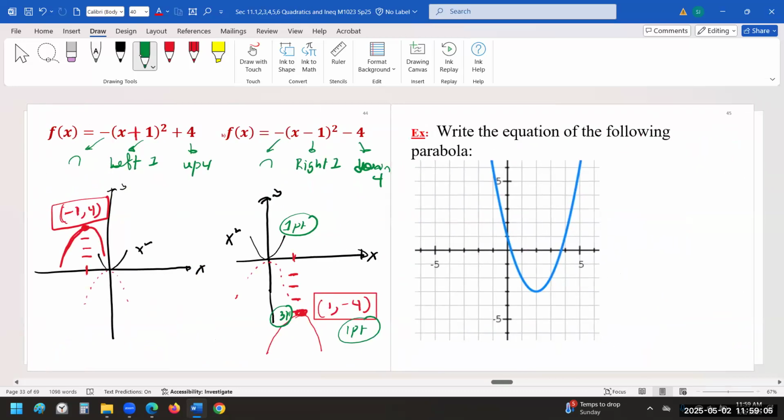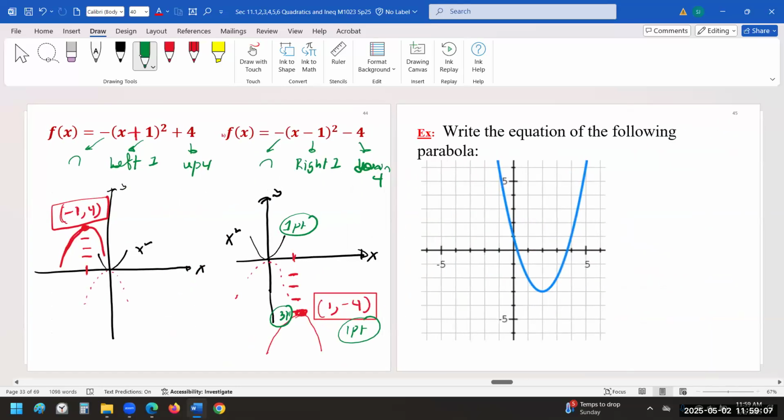Now the last question in this section is other way around. The graph is given. Figure out its formula. So we start by the format. Our format is y equals a times (x minus h) squared plus k. When you go other way around from graph to the equation, this is the equation you're supposed to start with, not the general form.